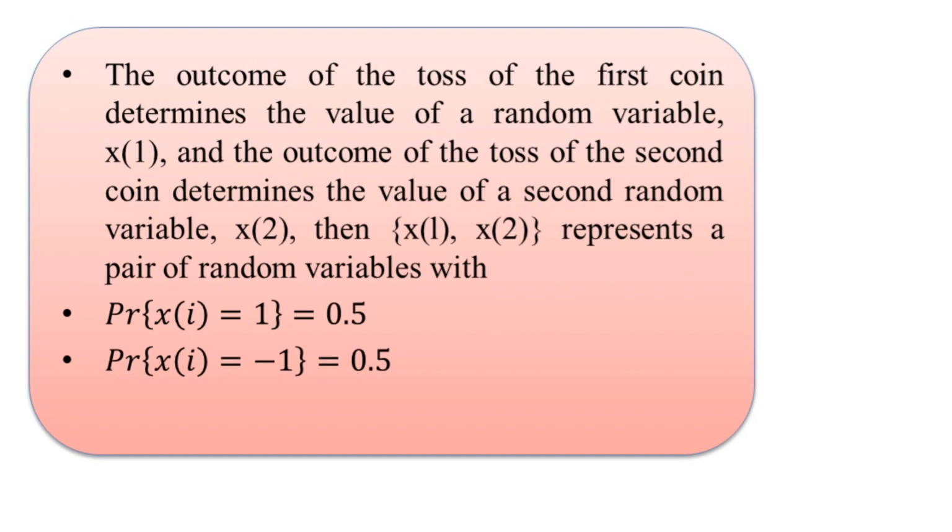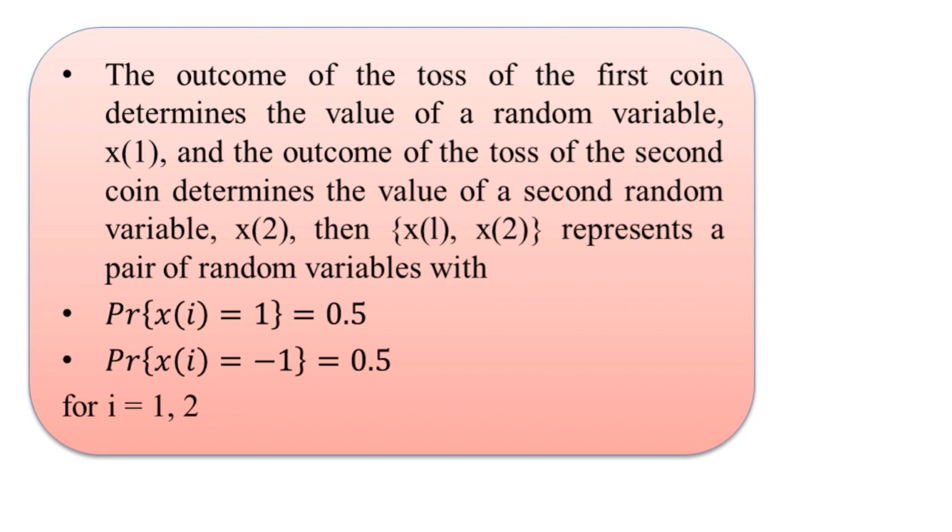Similarly, probability of x(i) equal to -1 for tails is also equal to 0.5, where the variable i holds the two values 1, 2 for the first fair coin and for the second fair coin.